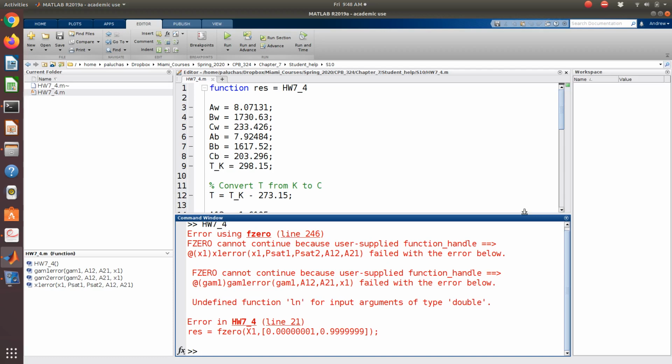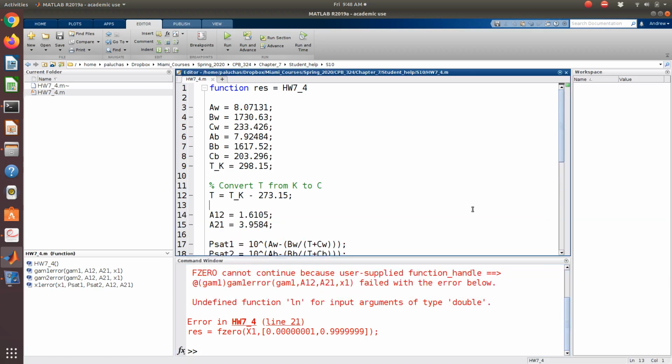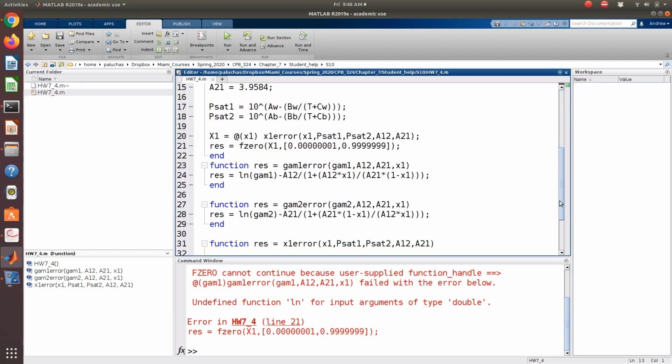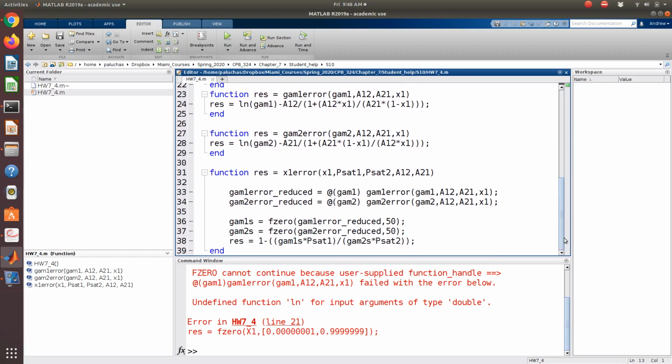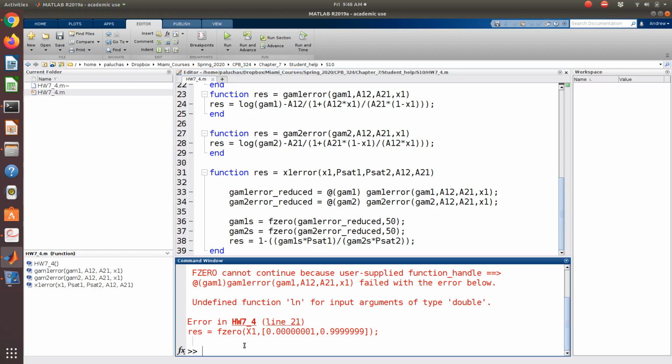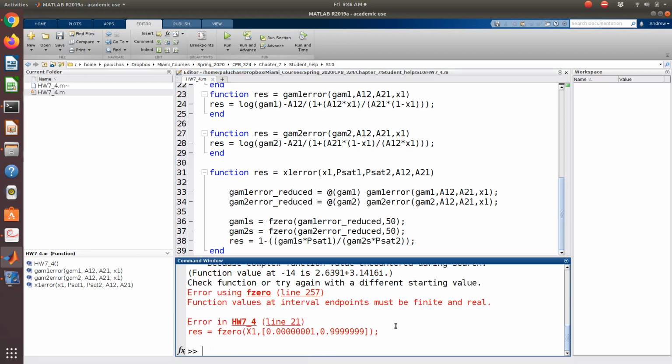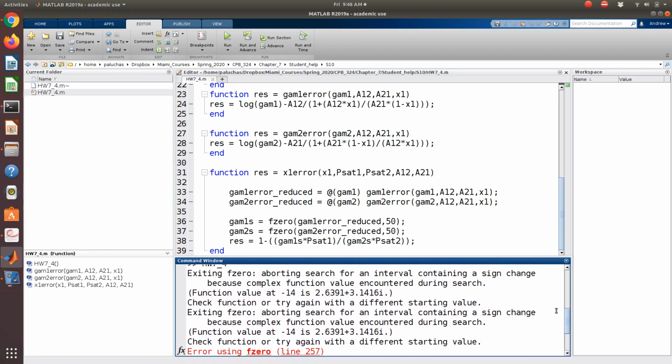Undefined function ln. Oh, all right, so remember in MATLAB, natural log is log. If you want log base 10, that's log10. Okay, and let's try again. Okay, new error message.